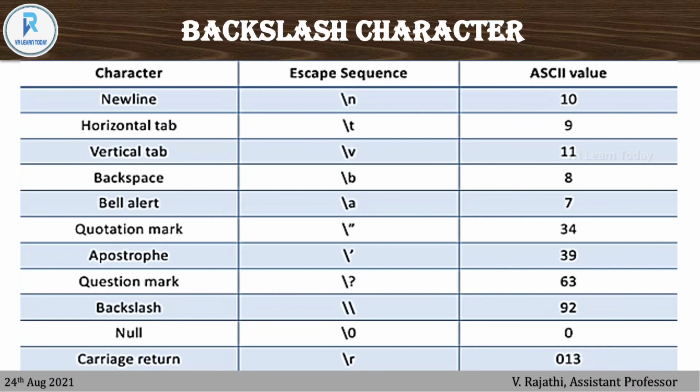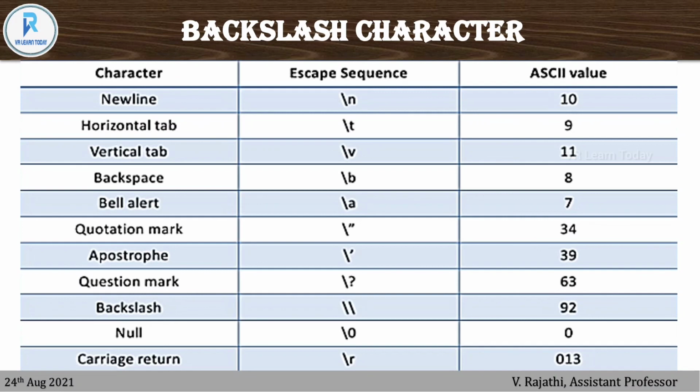If you are using a printf statement and want to print something as output, you have to give it in the printf statement. If you want to print a double quote, you have to use slash double quote, and slash apostrophe, slash question mark, slash backslash.